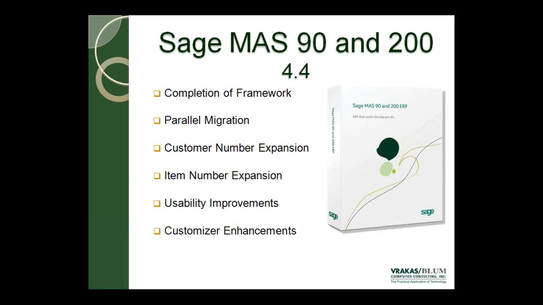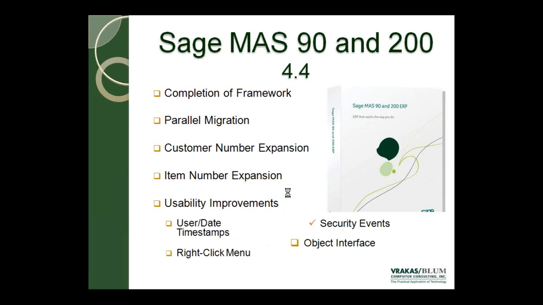Sage has expanded the customer number field, which can be very beneficial for people who want to use a more verbal description for their customer number. The item number in the inventory file has been expanded, and there's many usability improvements, and the customizer module has been enhanced as well.